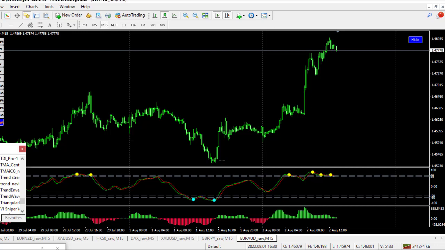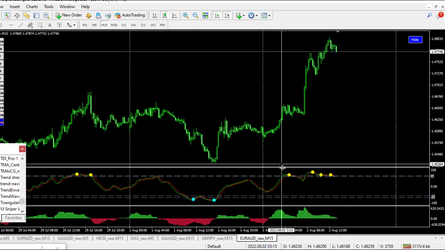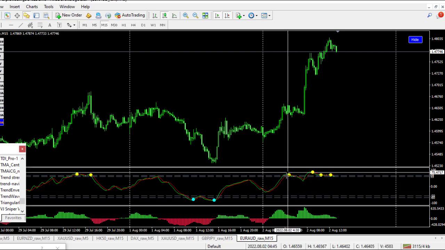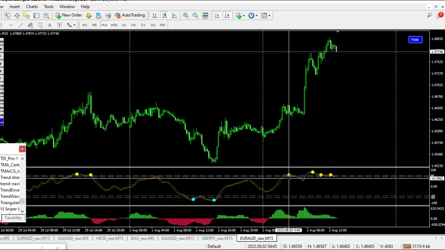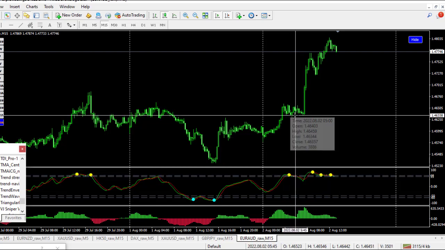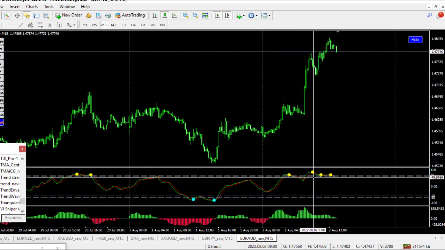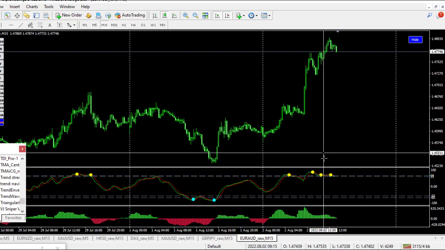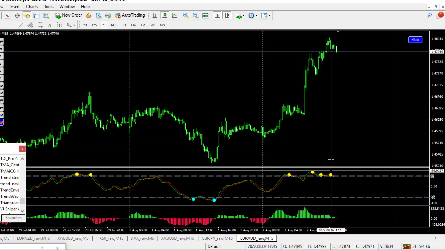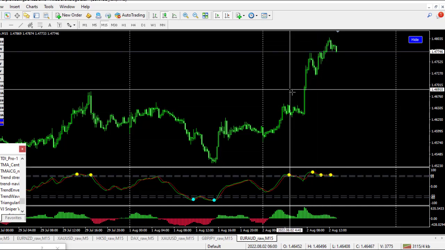The trend wave indicator does not repaint, and if you look at it closely right now, the first signal was generated here at this yellow ball, but this pair didn't go in that direction. We have the second one also, yet we have the third one, the fourth one, and these did not deliver.